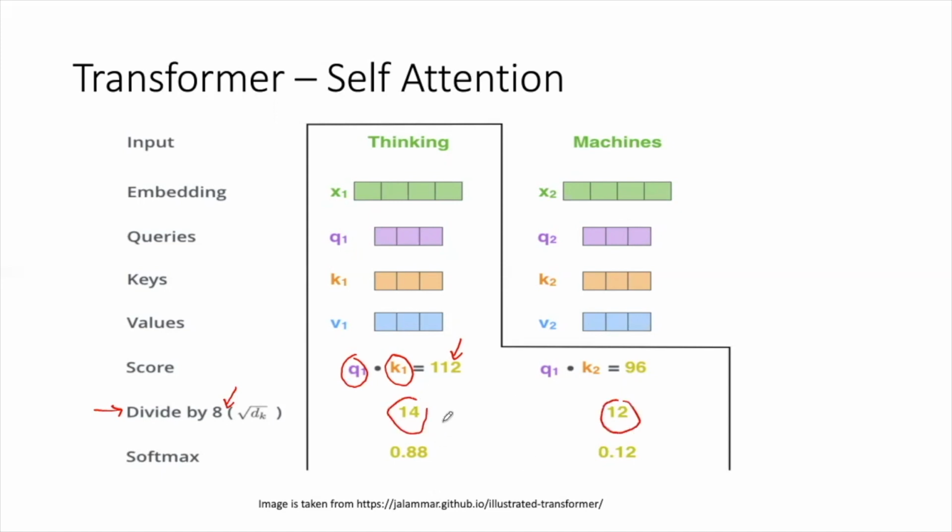Then what we do is, since these scores are not on a scale of 0 to 1, and also they don't add up to 1, we use a softmax to get probability scores. So the probability is basically the probability of this key being similar to the query. So that is basically the score, this value that is there.